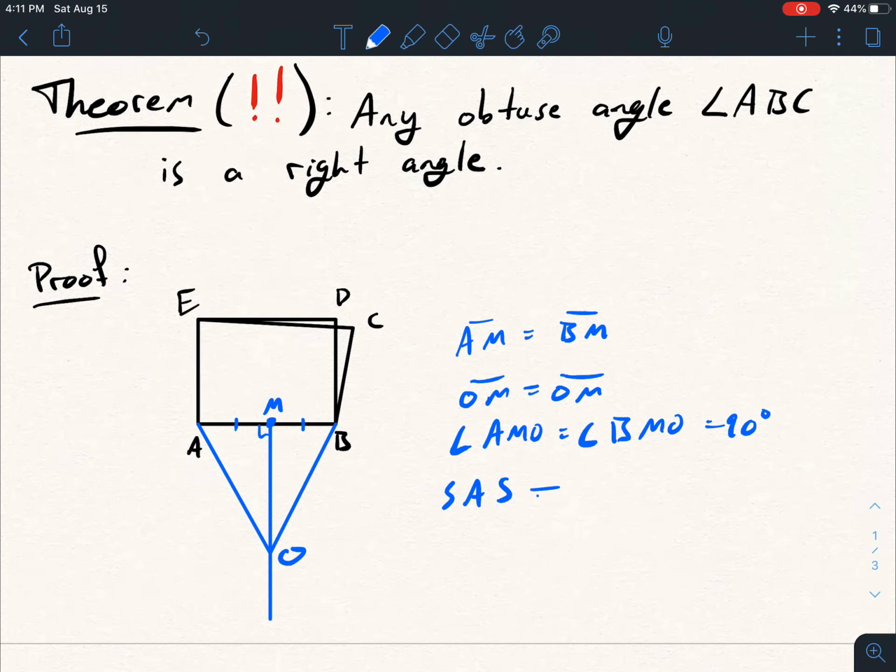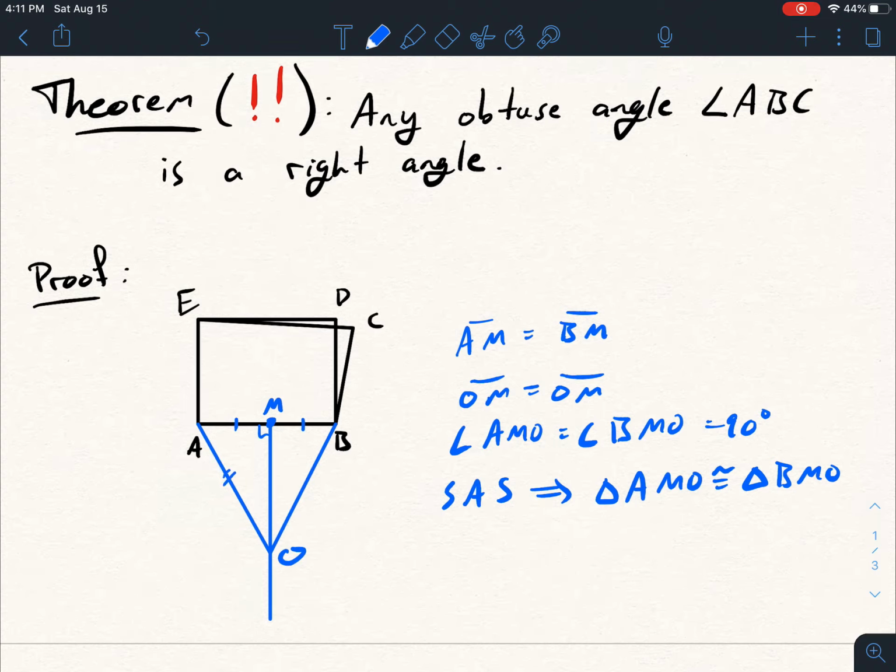So then by side angle side, I get that the triangles AMO and BMO are congruent. And then all of their side lengths and angles are equal.